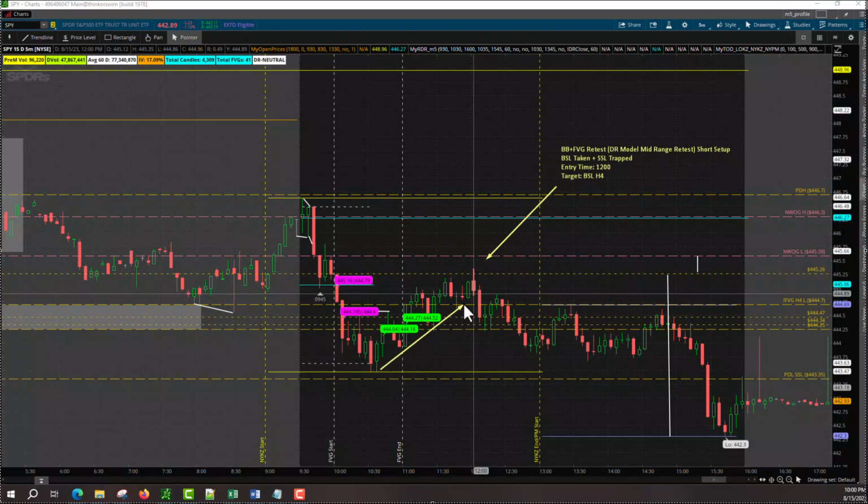This is your sell side liquidity trap right there, and this is the buy side liquidity that was taken right there. Man, it's a perfect setup. Can't believe it. We missed that.